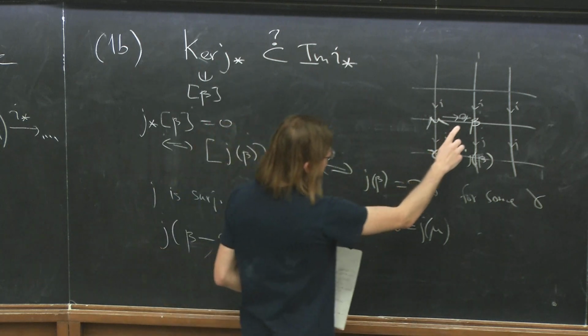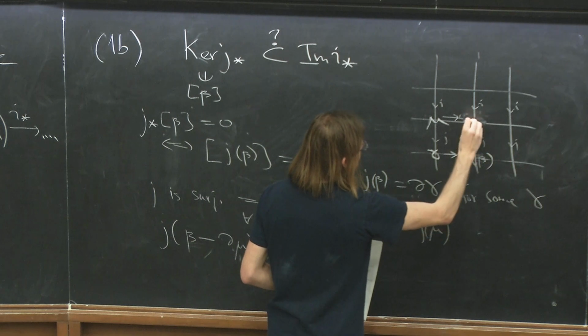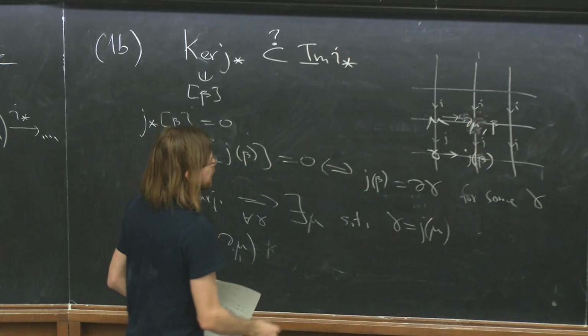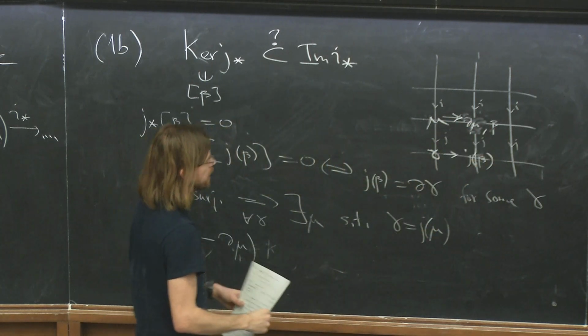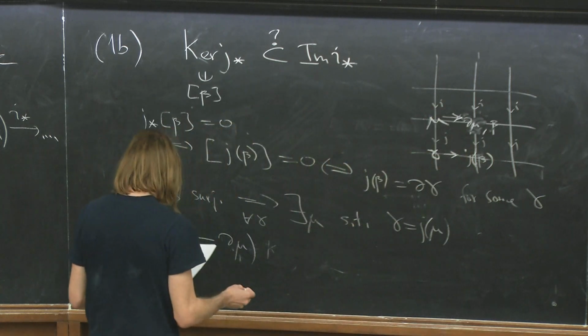And then consider the difference. So this is d mu, but we also have beta at this place. Then we can consider the difference between these two and send the difference by J again downstairs.